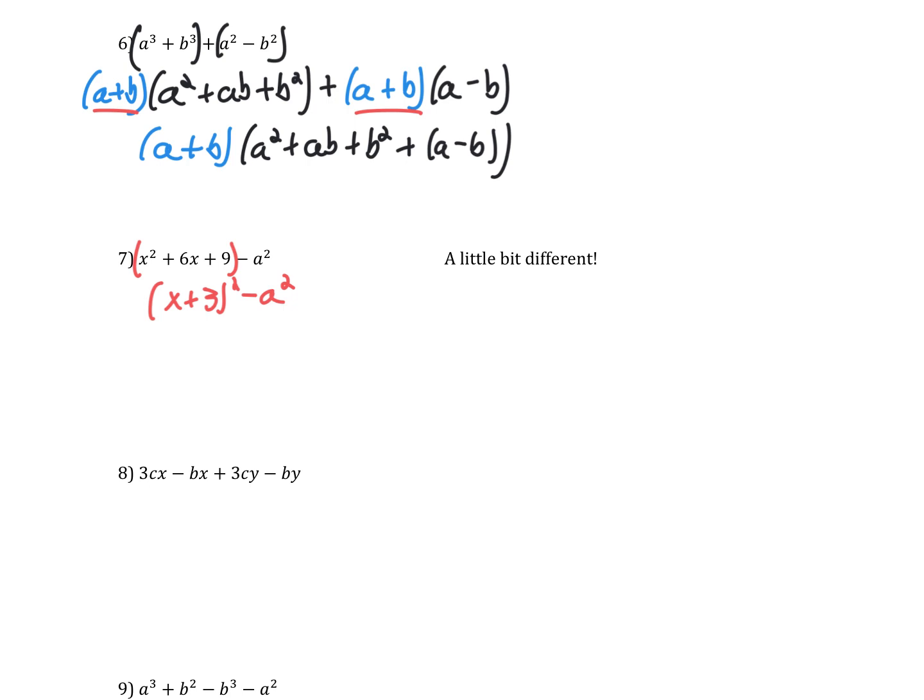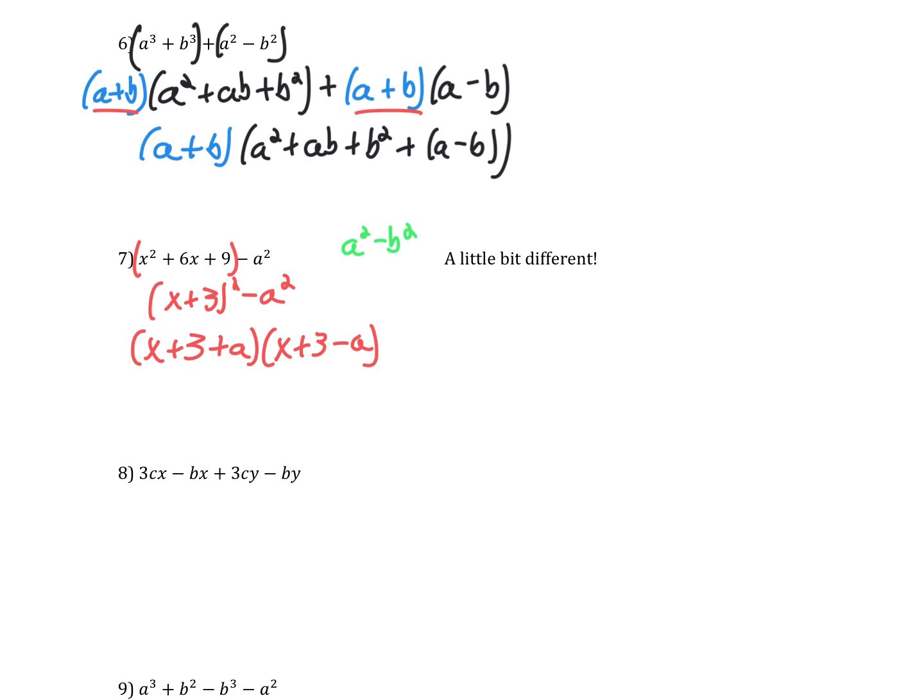Well, what I have here is something squared minus something squared. That looks identical to the difference of squares pattern, right? a squared minus b squared. Well, if I use the pattern, a plus b, a minus b, that's going to leave me with x plus 3 plus a, x plus 3 minus a.